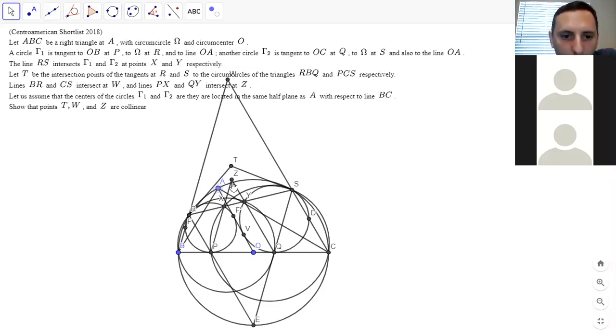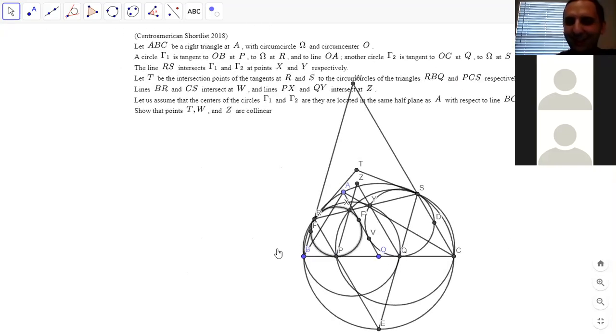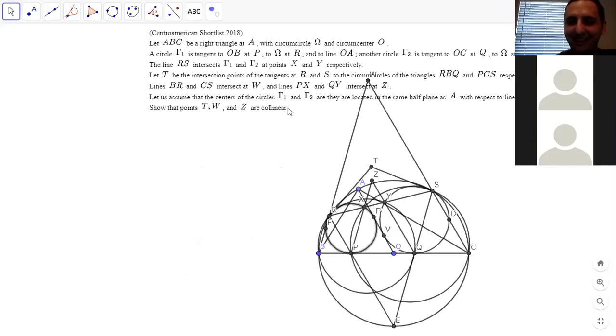No, we just proved that ZY times ZQ equals ZX times ZP. So it lies on the radical axis of these two smaller ones. The big circles also, because YQ is on the big circle. Oh, YQ is also on the big circle. That's what was confusing me. I spent all my time being confused over that one little thing. Yeah, it also confused me.